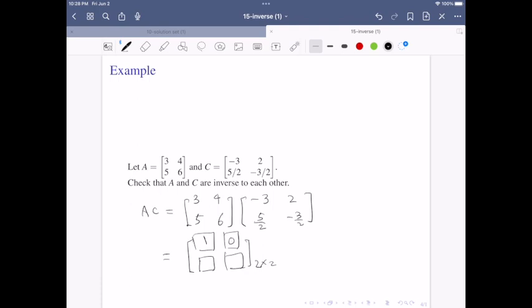Similarly, we can check all 4 numbers step by step, and this is exactly identity. We can also check CA equals I. So in this case, we can write C as A inverse, or you can write A as C inverse.